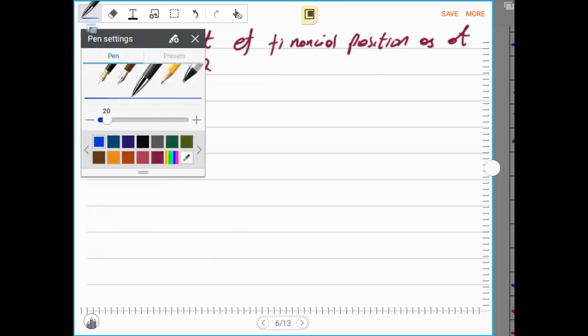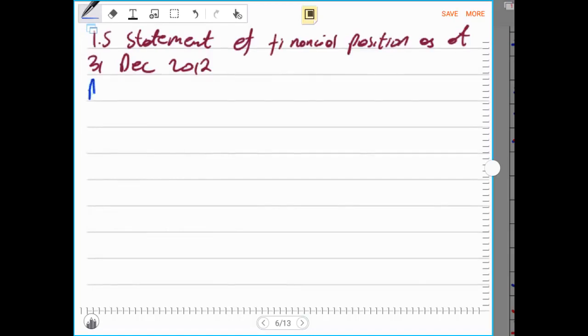And here we start with the assets, and our assets are classified into current and non-current. And we start with the non-current assets.